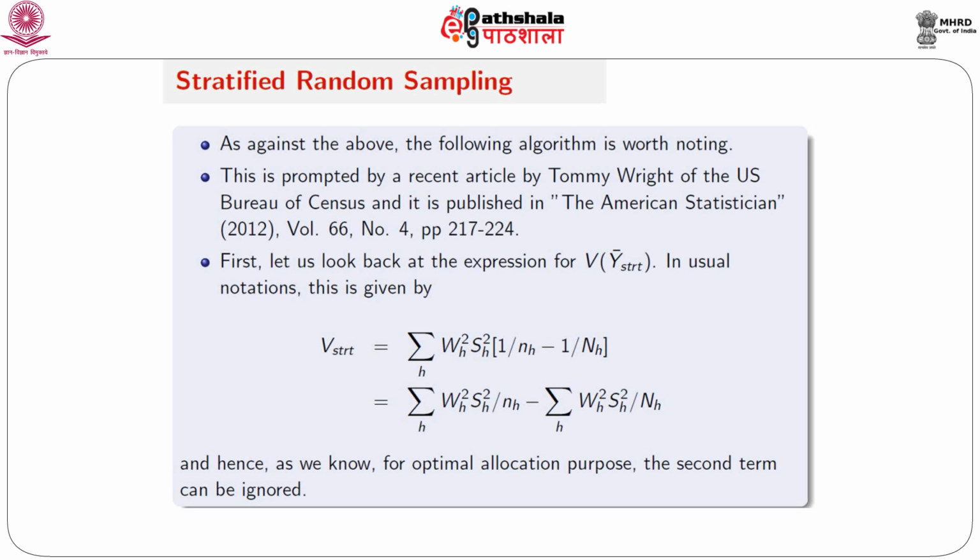So it is a very straightforward expression, summation WH square SH square into 1 over little nh minus 1 over capital NH. You can split into 2 parts. The first part depends on the sample sizes nh, and the second part is of course a constant for our purpose. So for minimizing the variance, for ascertaining optimal allocation, it is enough to look only to the first part.